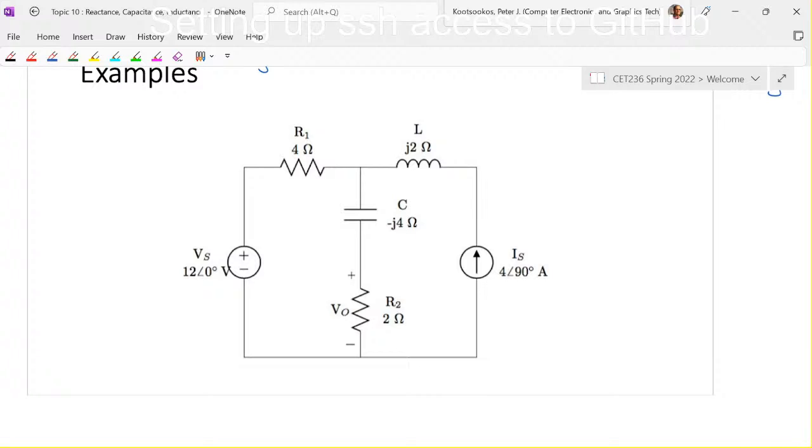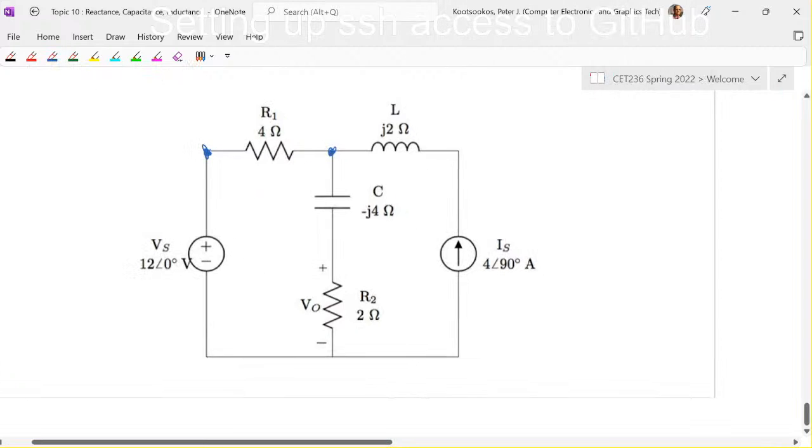Let's go back and think about nodal analysis. So there's a node here, there's a node here, there's a node here, and there's a node here.